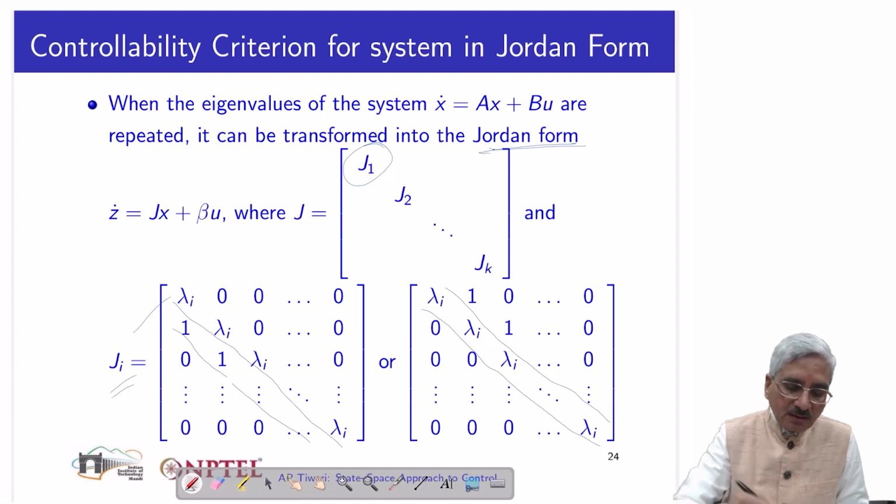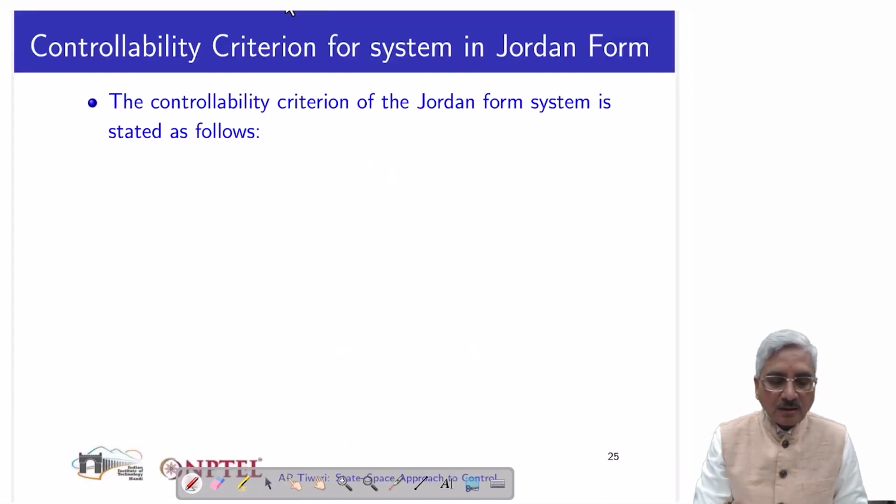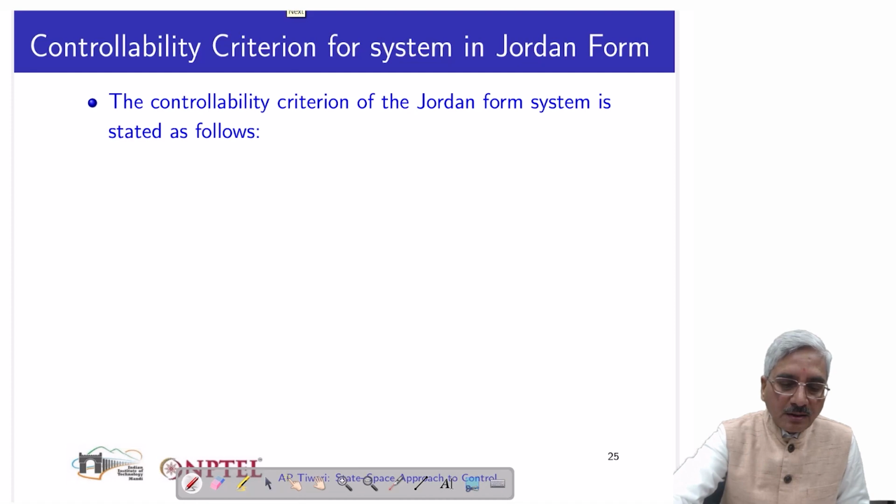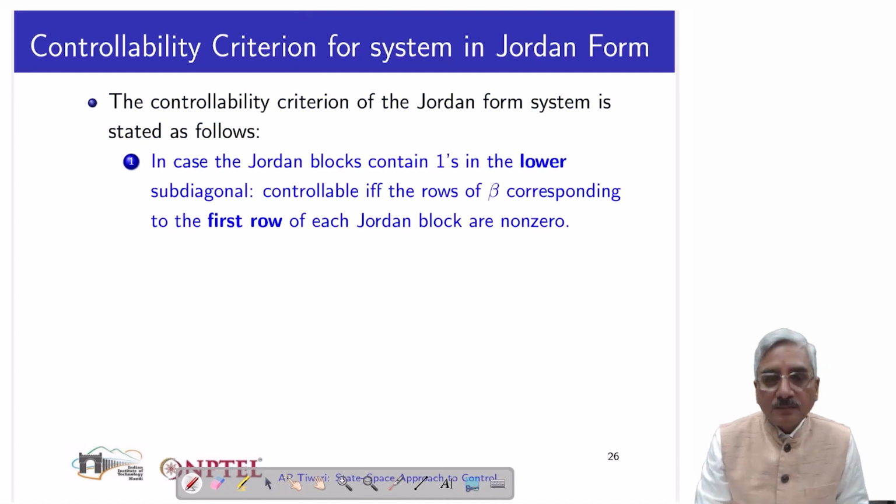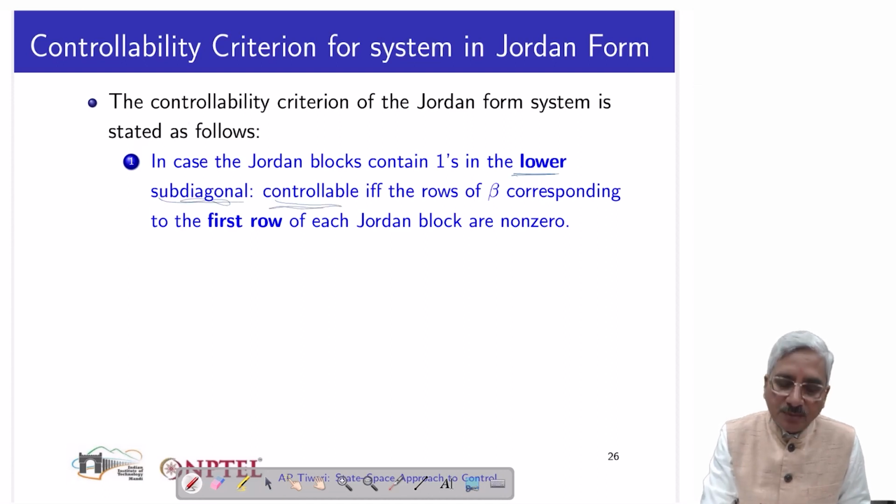If it is the one in which the lower subdiagonal has unity, then this system will be controllable if the first row in beta of each Jordan block is non-zero.